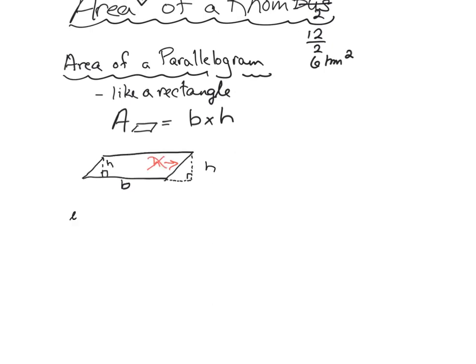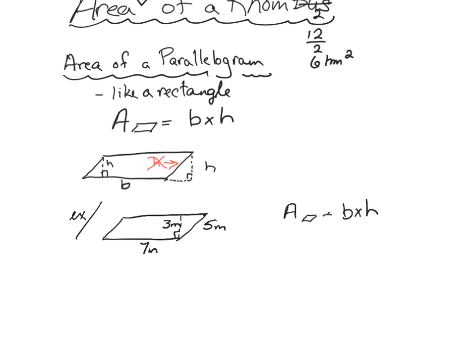So for example, if you knew that the dimensions of a parallelogram were 7 meters, 5 meters here, and then inside it was 3 meters, you'd know that the area of a parallelogram is base times height.